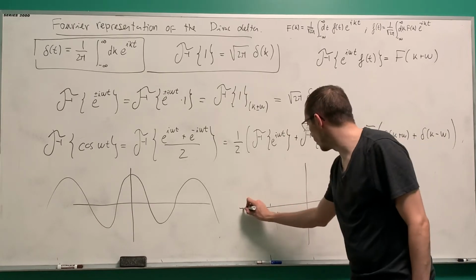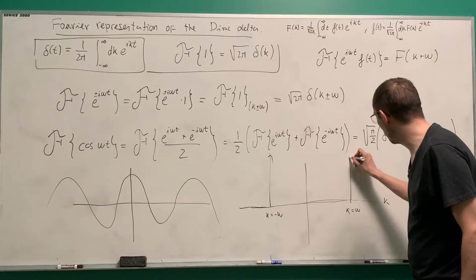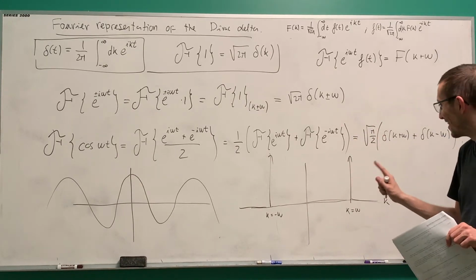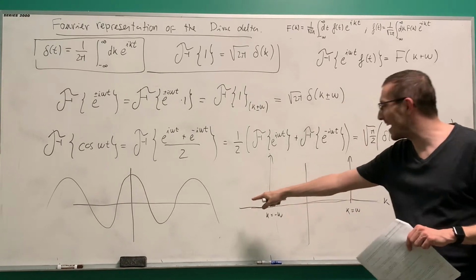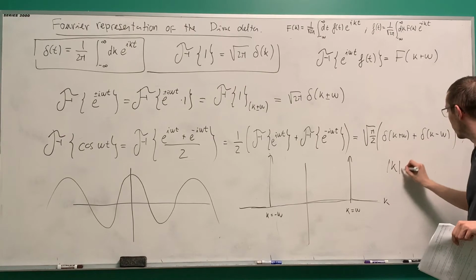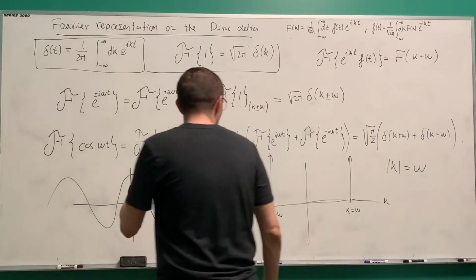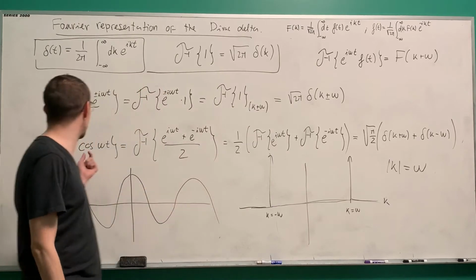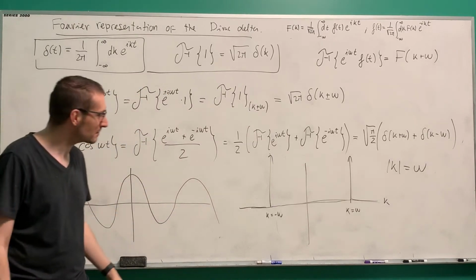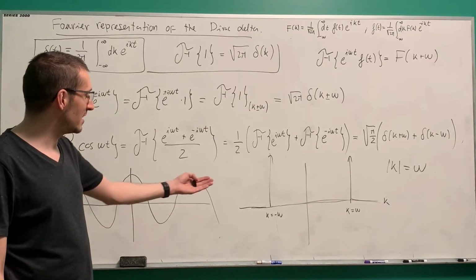So we get 0 always, and then a peak at k equals minus omega, 0 always, and then a peak to infinity when k equals plus omega. So we realize that the cosine only contains one single value for the modulus of k, which is omega. There's only one frequency of oscillation. It's just a cosine, a pure tone, a pure vibration. So there's only one frequency component, and we see it here.